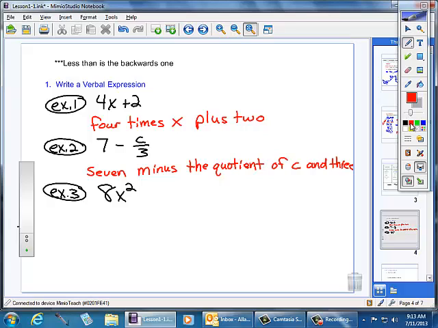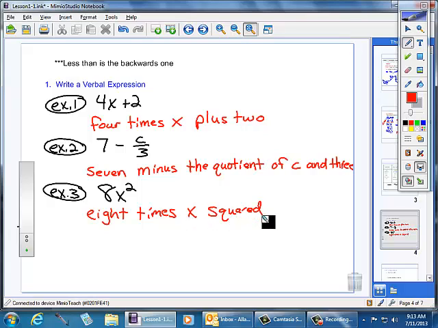Or the product of 4 and x increased by 2. For example 2, I could write the difference of 7 and the quotient of c and 3. All right, there's more than one way to skin a cat. All right, this one, I would just simply go from left to right. I would say 8 times x squared.